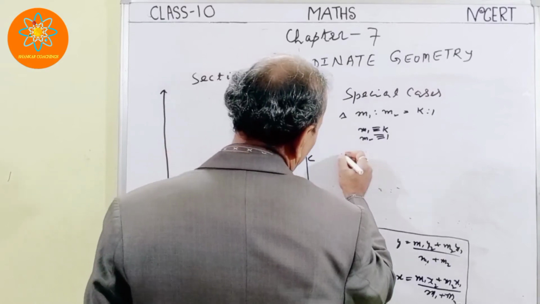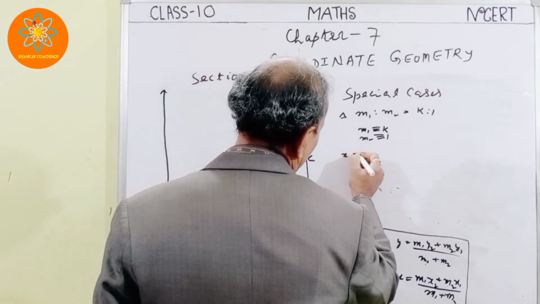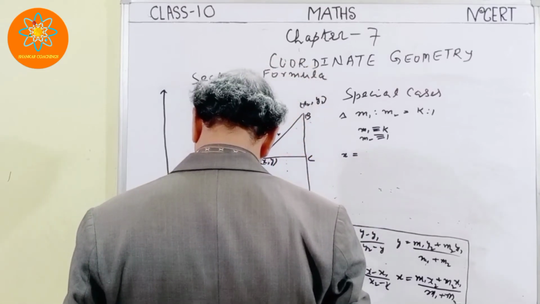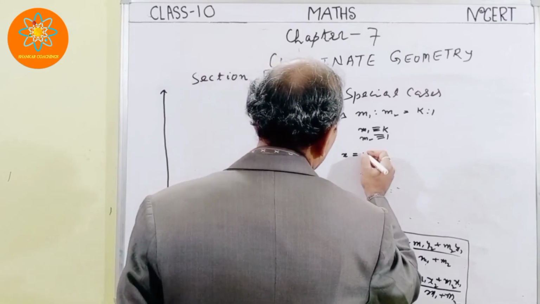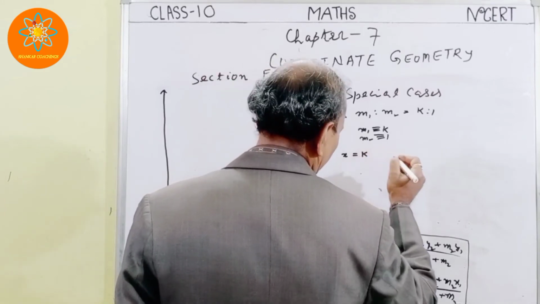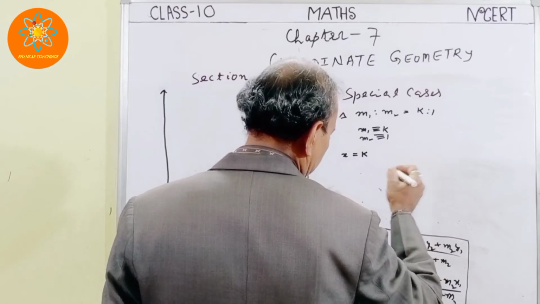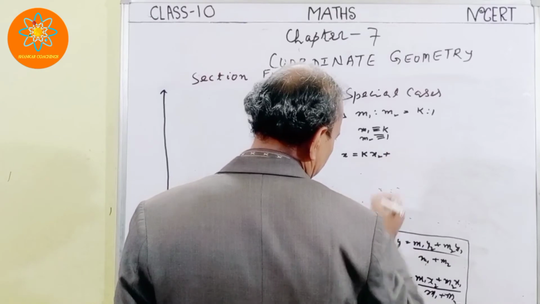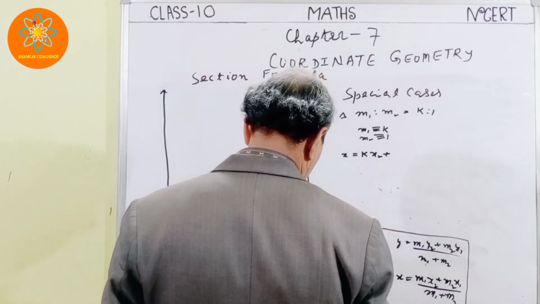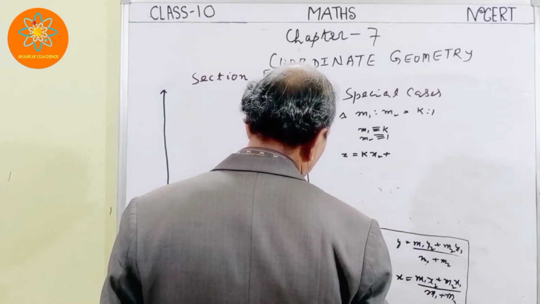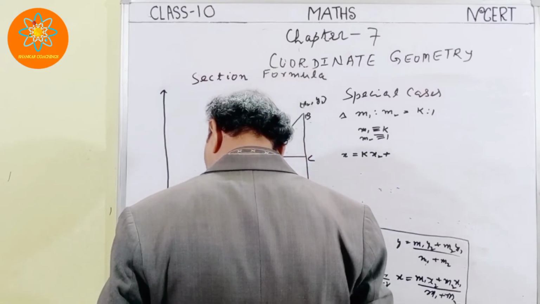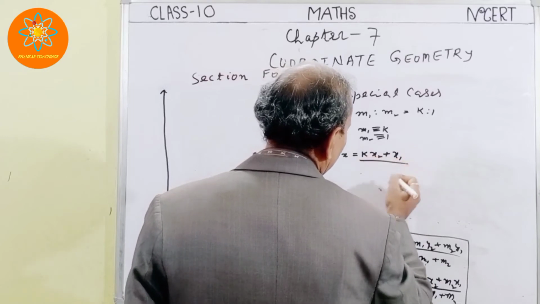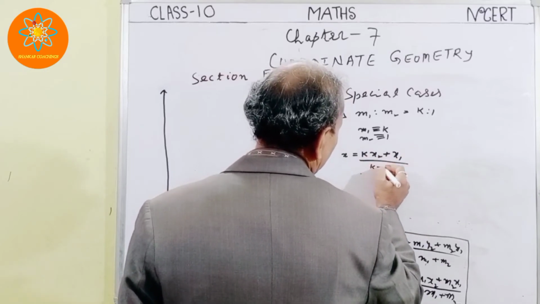So the value of X is equal to (K X2 plus X1) divided by (K plus 1).